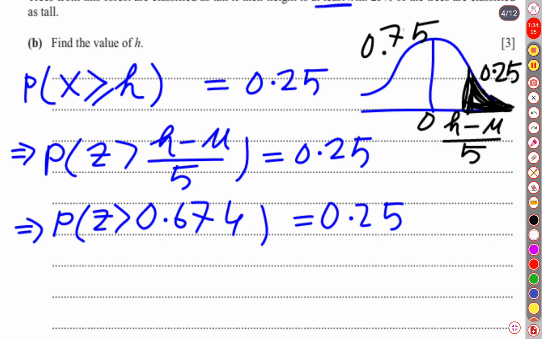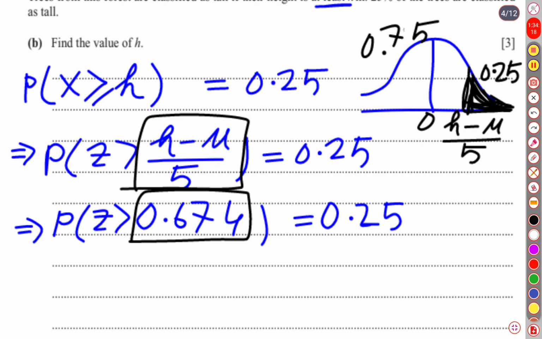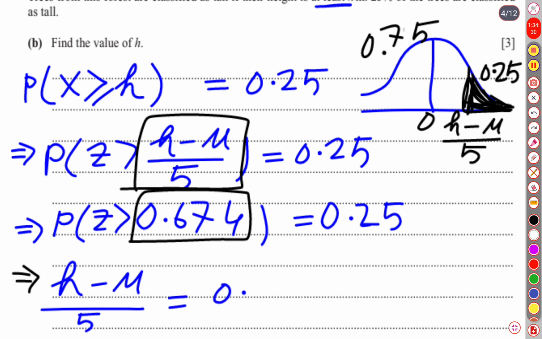Don't change this probability, because we didn't change the direction of the z-score. Now if we compare both z-scores, they must be equal. So h minus mu over 5 is equal to 0.674.